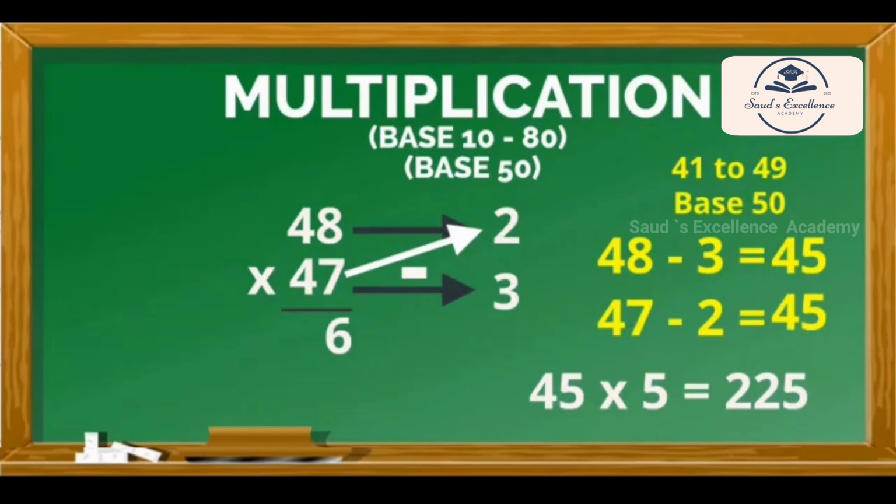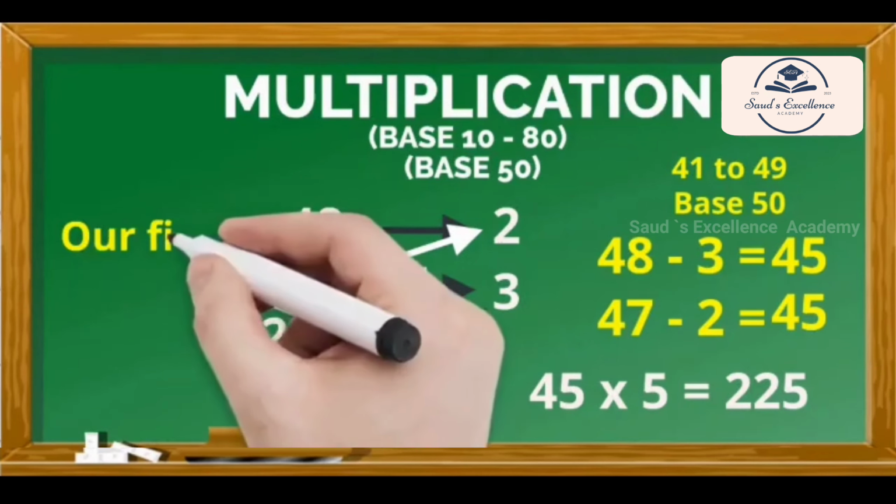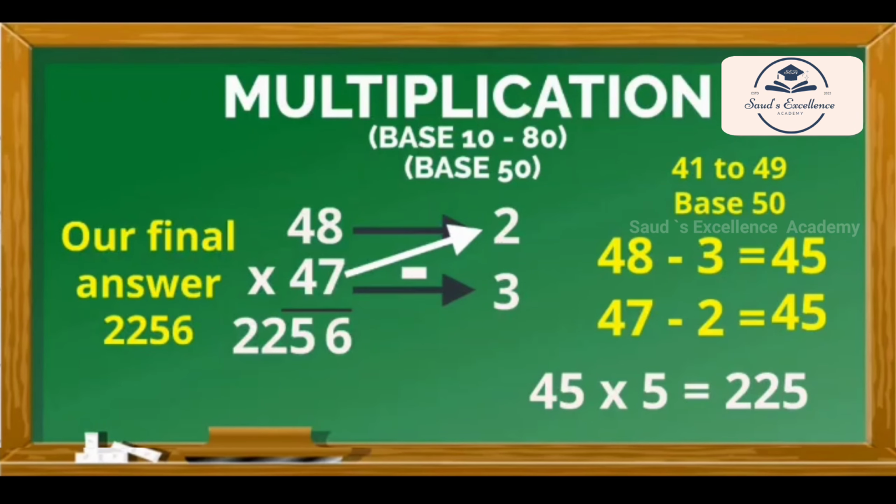For base 50 we write 5, 45 multiplied with 5 equal to 225. We write 225. Our final answer is 2256. Similarly for 30, 40, 60, 70, 80 we use the same formula.